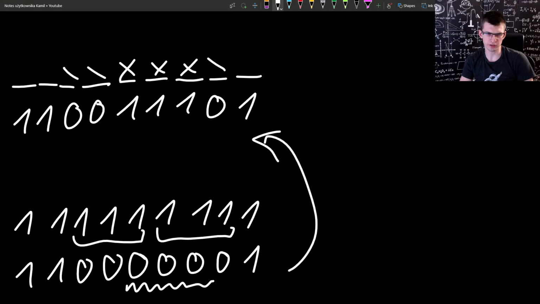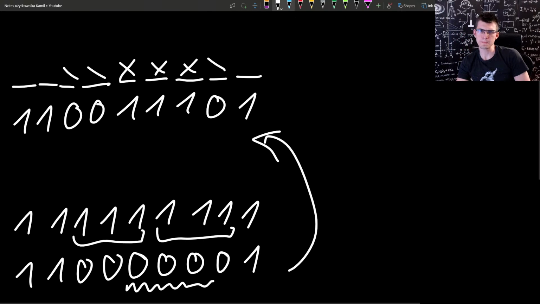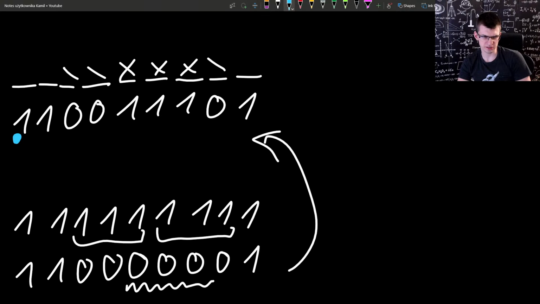Can I get this string in any other way? In total, I flipped something starting from here, from there, there. Oh, and also the ends are important. So I did this pair, those 3 consecutive guys.